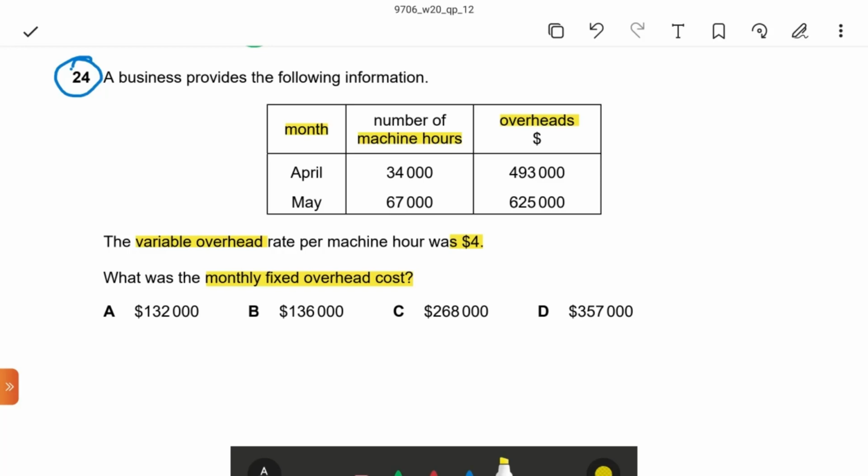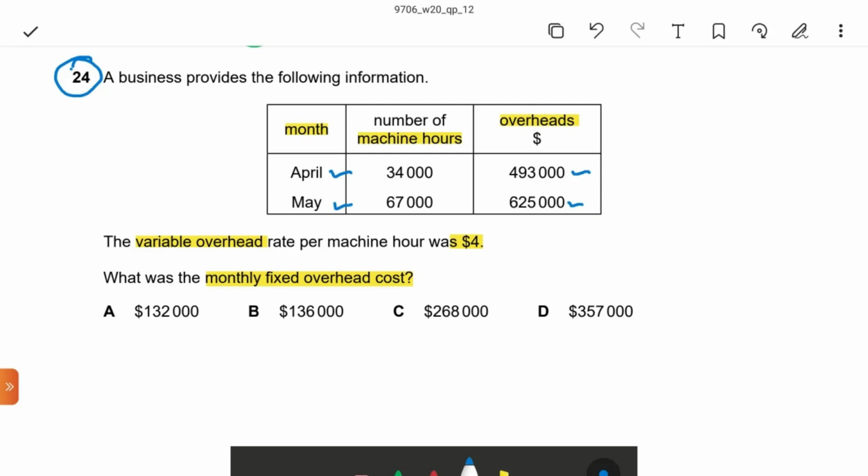So here the number of machine hours is 34,000 in April and 67,000 in May. In overhead they are given 493,000 and 625,000.